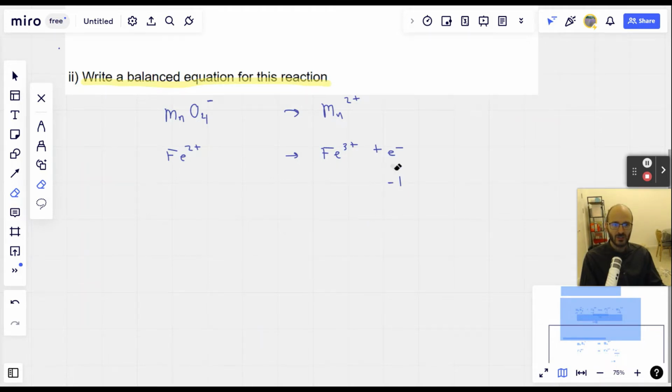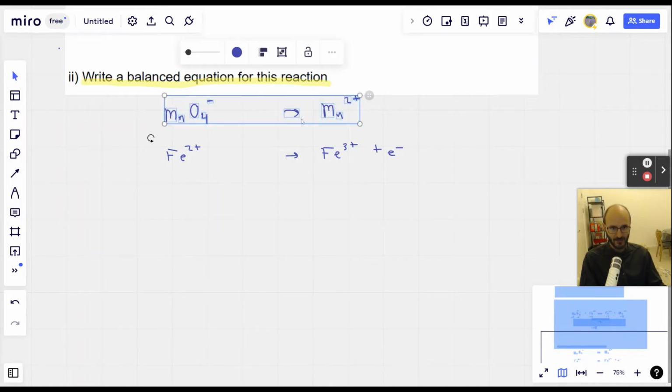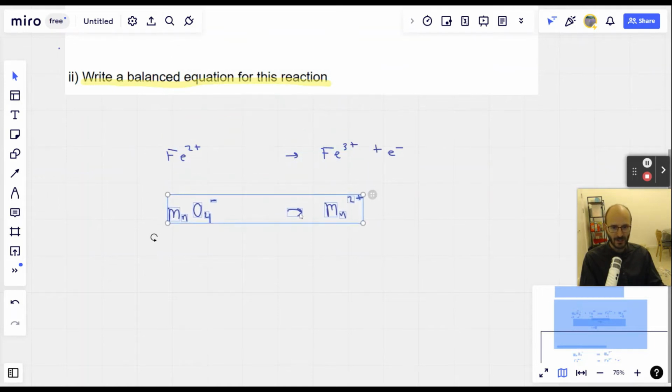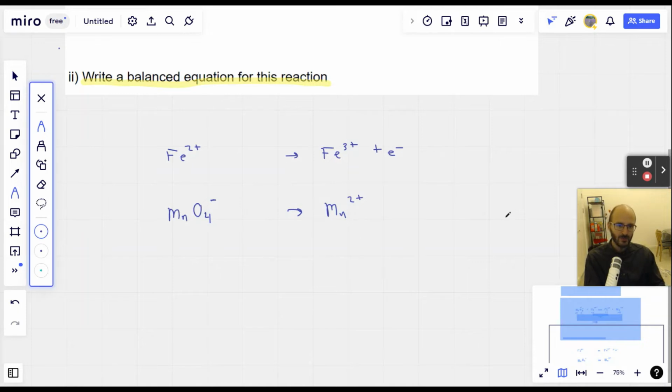Okay, and now we are going to focus on the other half equation, which is much more tricky. So what we are going to do is the following. I'm going to show you a method. First thing that you do is to balance the metal. In this case, manganese. Usually it will be balanced, for example here, 1 manganese, 1 manganese.